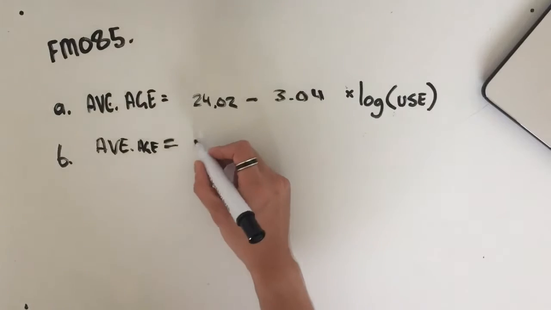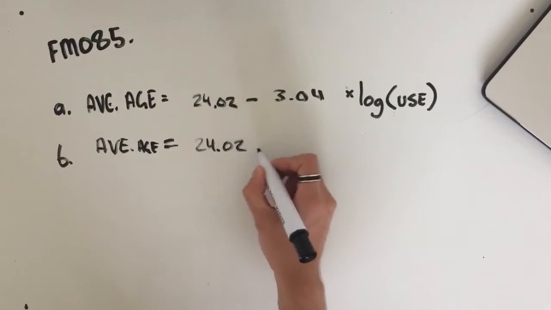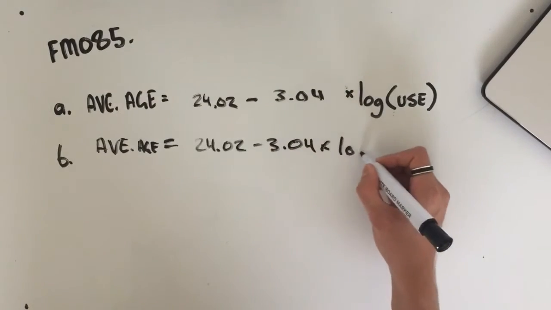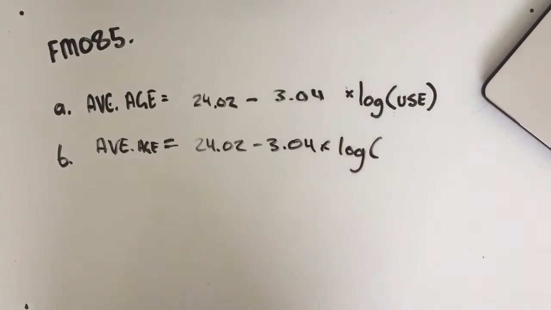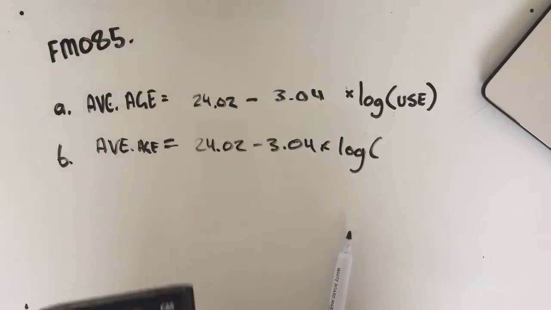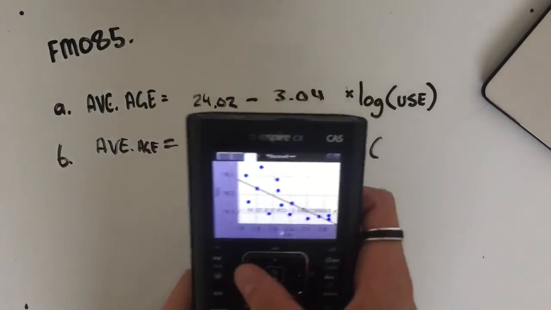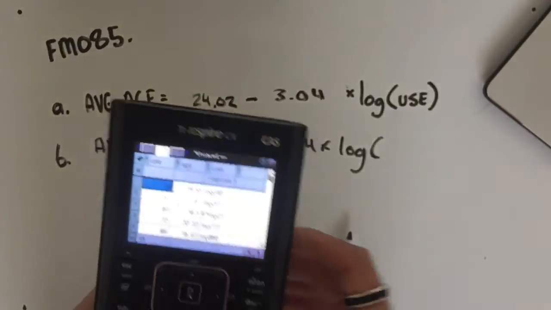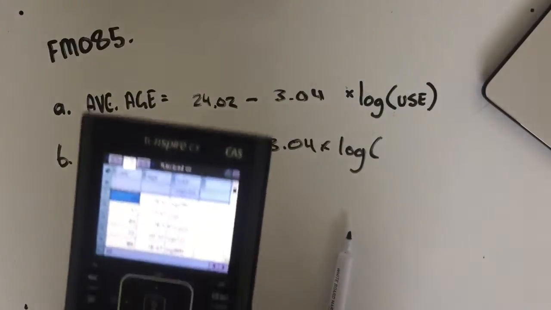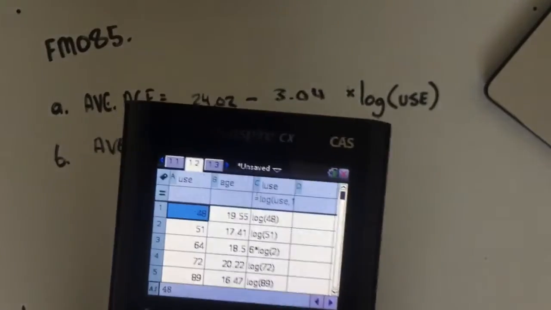Average age is going to be equal to 24.02 minus 3.04 times log of, now they've given us 312,000. However, we've got to be careful, because if you look at your books and look at your table, our use has been taken in thousands.